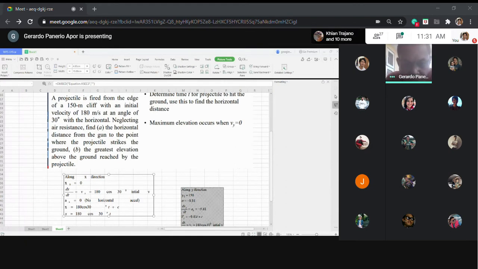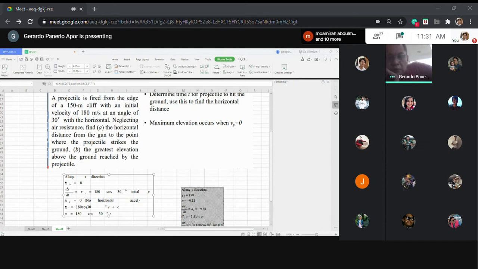So integrating this equation will give you an equation of y equals 90t minus 9.81 divided by 2 t squared plus constant of integration, c.